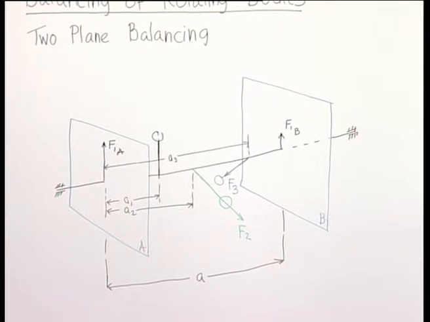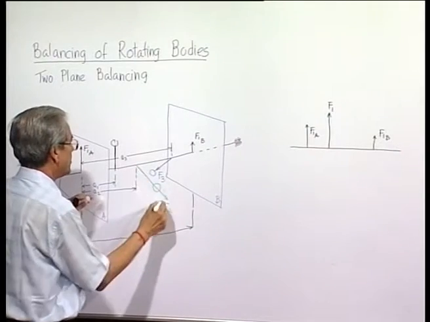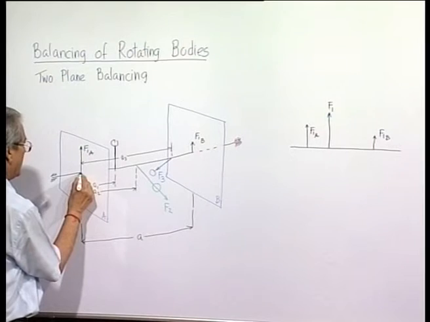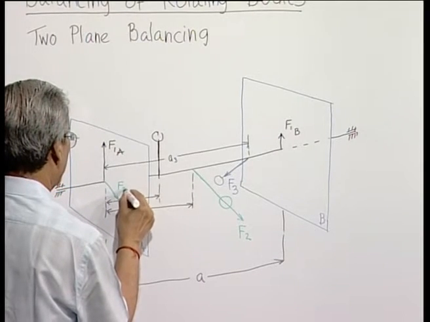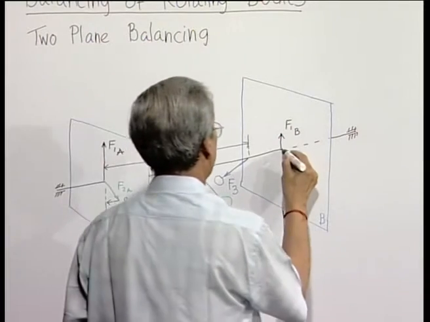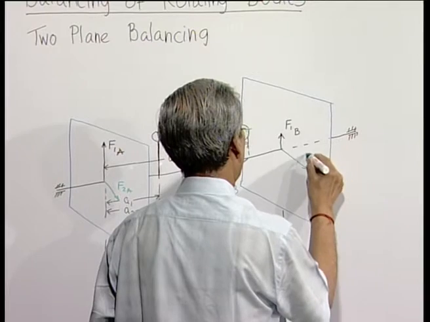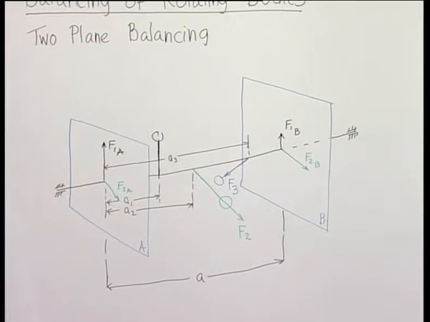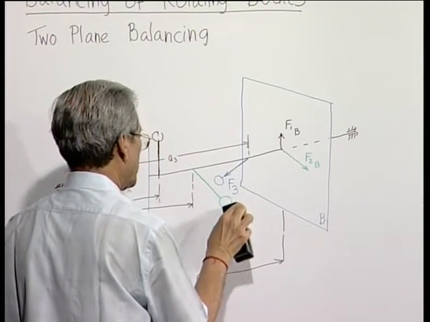Similarly, this force F2 can be also split into two forces in these two planes, and this is F2A and this will be F2B. And since I have replaced this force by these two, there is no need to have this.